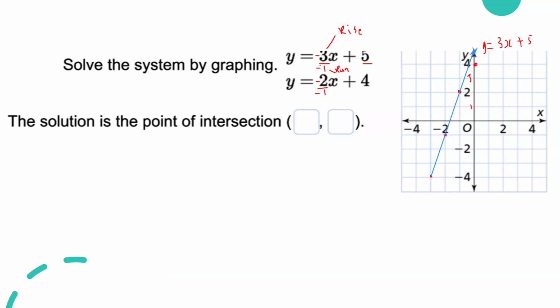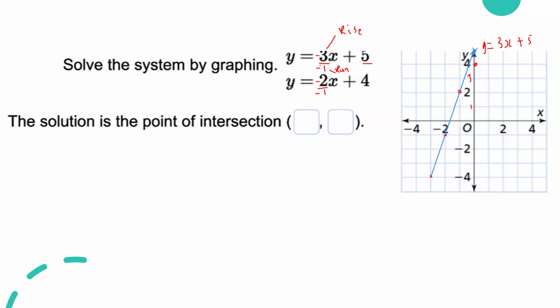With my rise, I go up or down on my y, and with my run, I go either left or right on my x. So I'm going to go down 2 units on my y. So it's 1, 2. Then I'm going to run to the left once. So again, when I run to the left once, I intersect right at this point here.